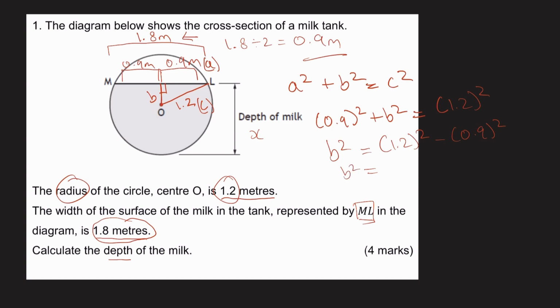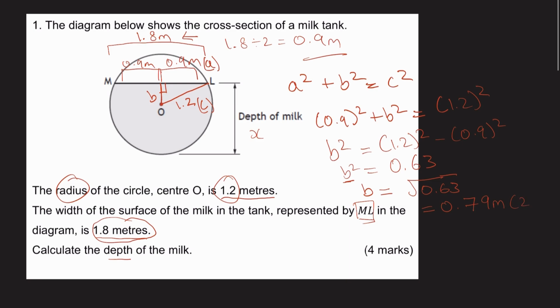That means b squared equals, I'm going to type it in a calculator now, 0.63. And because this is b squared, we want the answer to be b. So we want b equals, so we're going to have to square root 0.63, which equals 0.79 meters to two decimal places.